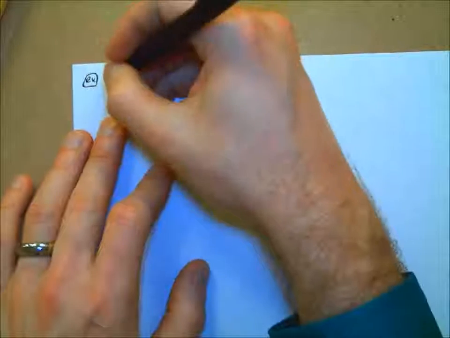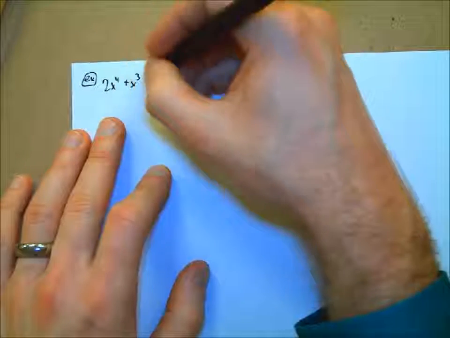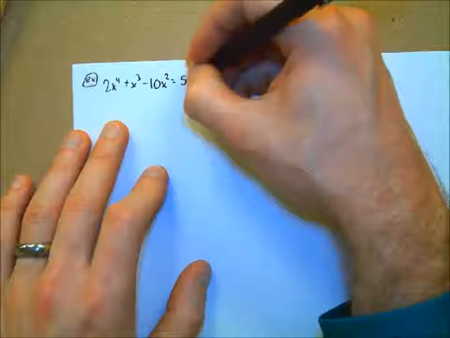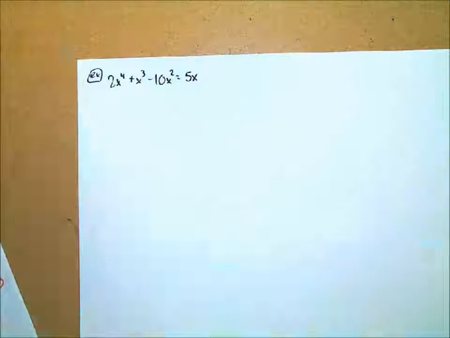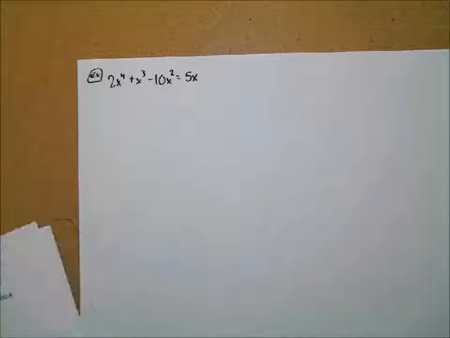All right, let's look at 2x to the 4th plus x cubed minus 10x squared equals 5x. Okay.